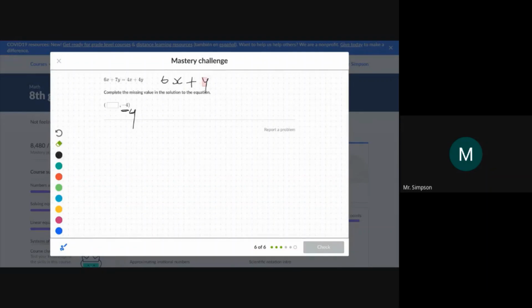So we're going to put 7 times -4 is equal to 4x plus 4 times -4, because that's y. 7 times -4, 7 4s is 28, so that's -28. So 6x minus 28 is equal to 4x, 4 times 4 is 16, so this is minus 16.